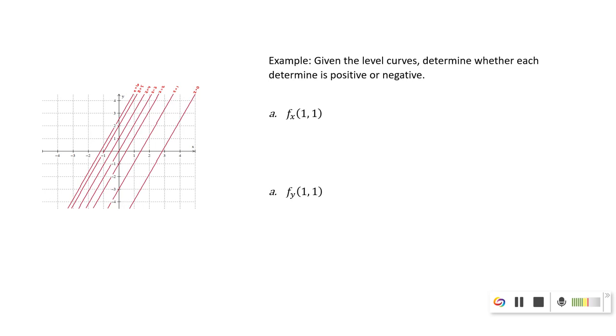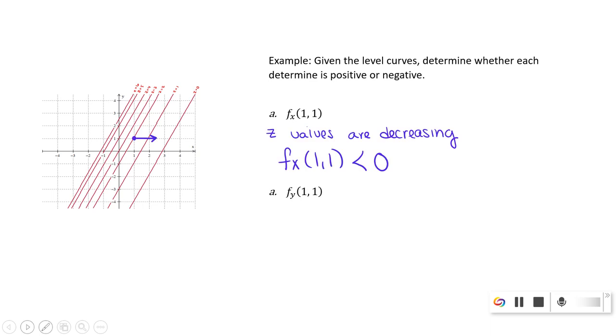So part A: at the point 1, 1, is our f sub x, our derivative with respect to x, positive or negative? First, I find the point 1, 1, and that's right here. Then I look at what is happening to my z values as I increase my x values. How are the z values changing with respect to x?